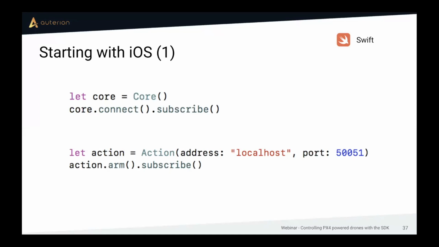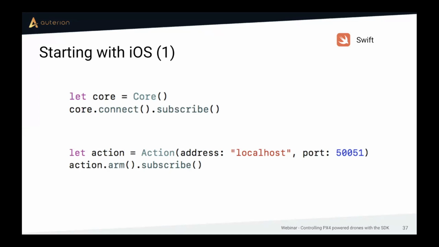So we use reactive extensions. The library is called RxSwift, and it's really an implementation of streams. A stream is just a sequence of events you receive. So the stream of positions is just events, like you continuously receive the position of the drone.